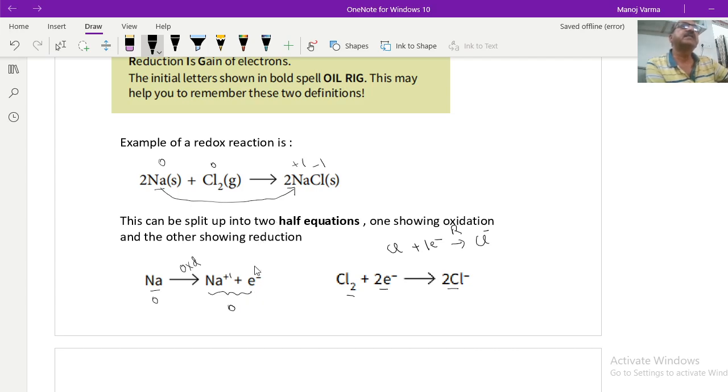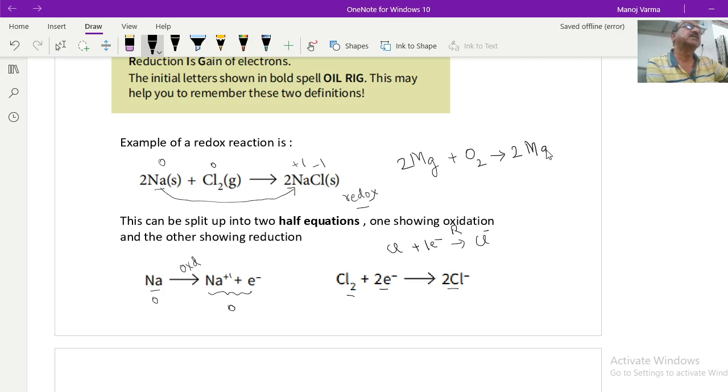So now you understand that here sodium is oxidized because it involves the loss of electrons. Chlorine is reduced because it involves gain of electrons. So once again, it is a redox reaction. Now, as I was telling you, the previous definition in which we wrote that Mg plus O2 gives 2MgO.